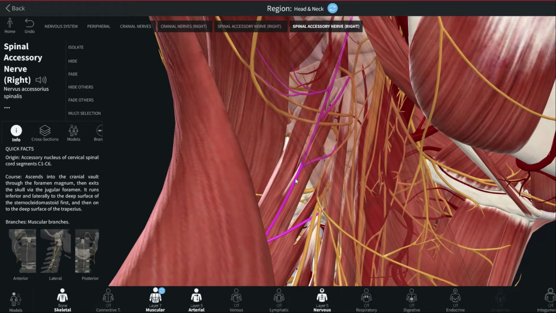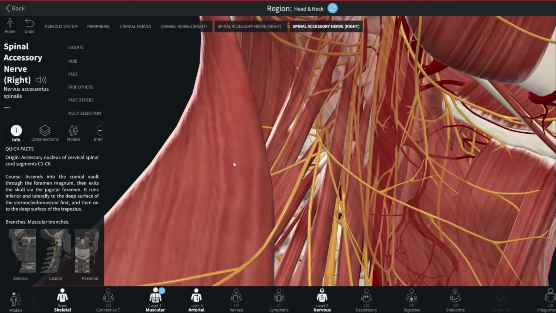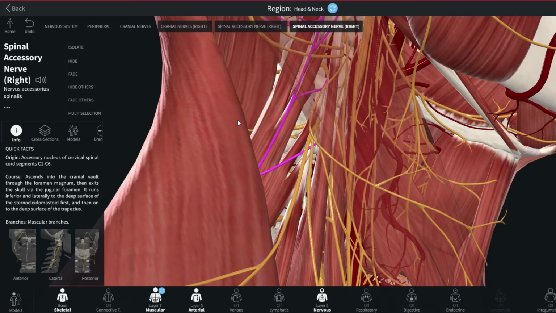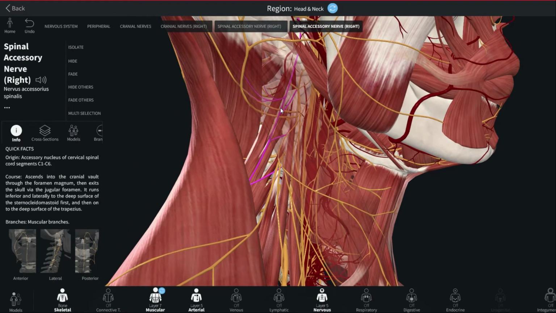It will emerge out and run through the posterior triangle, and then it will disappear behind the anterior border of trapezius. So that is the course of the spinal accessory nerve as far as the posterior triangle is concerned.